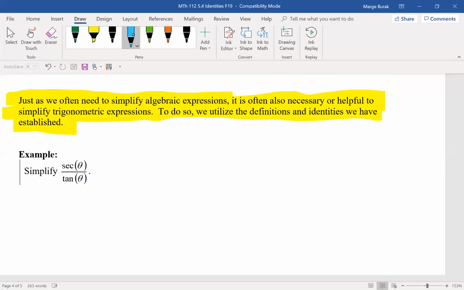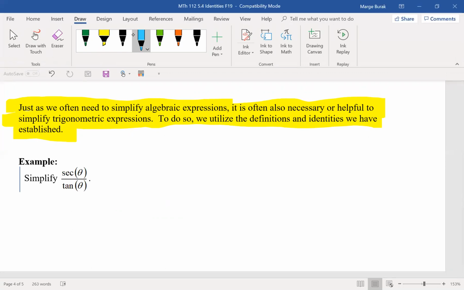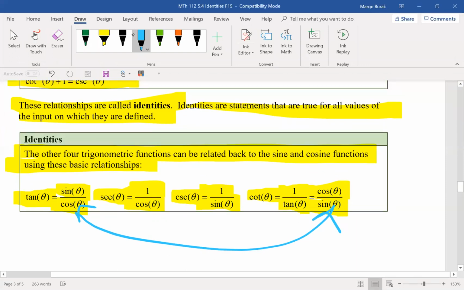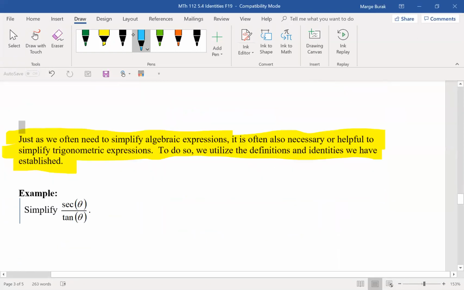We see this as the secant over the tangent. First of all, let's see if we can move it into terms of sines and cosines. And I want you to refer to this list above as we go through, and keep it on the side of the notes that you're taking.